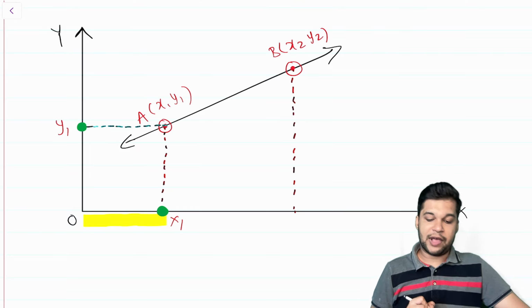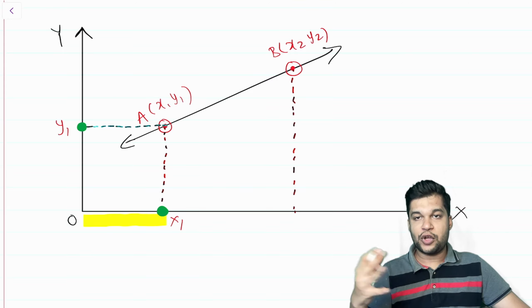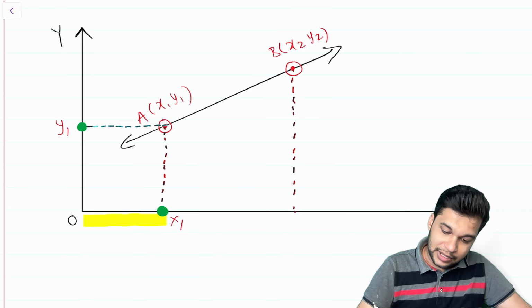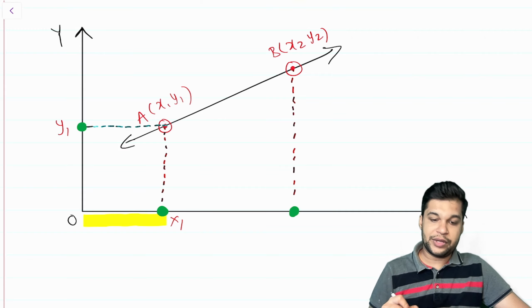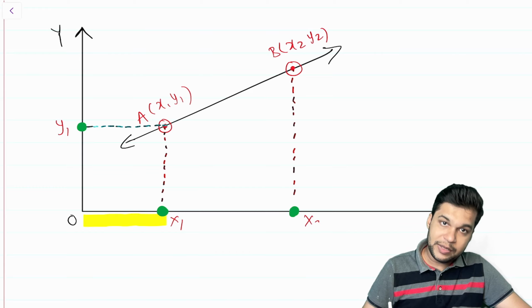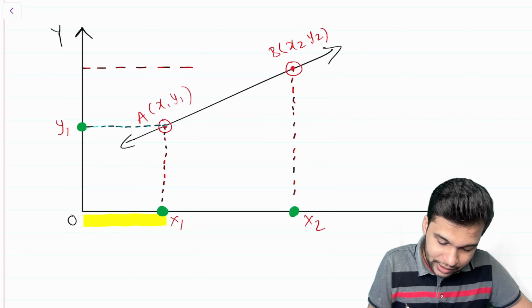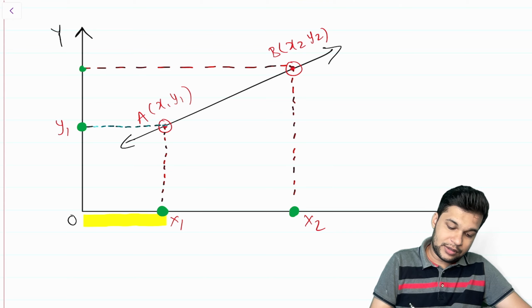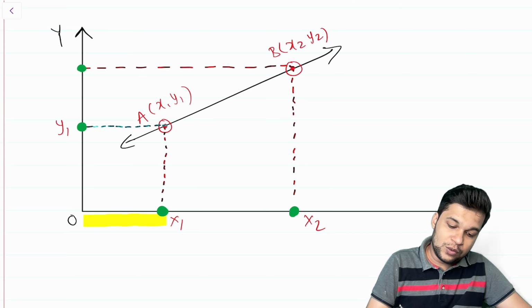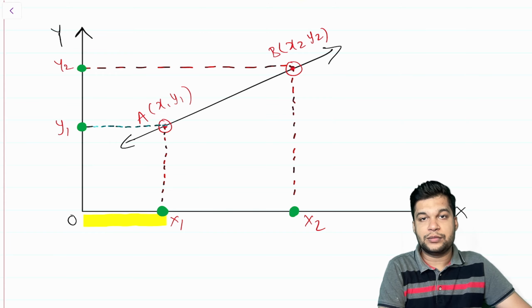That's why the coordinate of A is x1 comma y1. Okay, similarly this coordinate over here will be x2, right? And this coordinate over here will be y2, right?